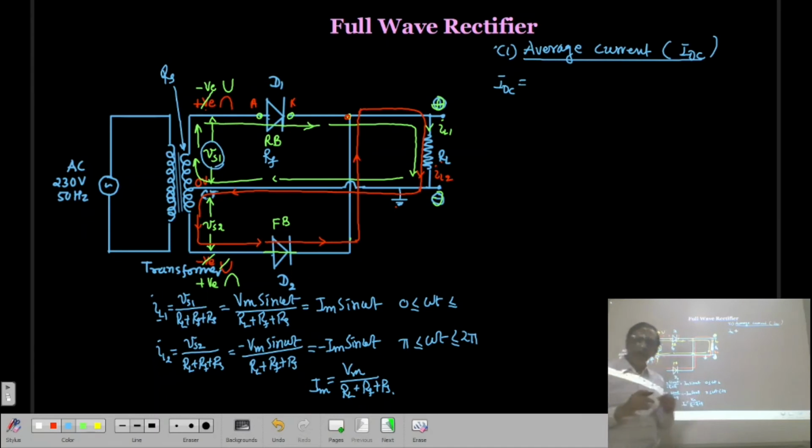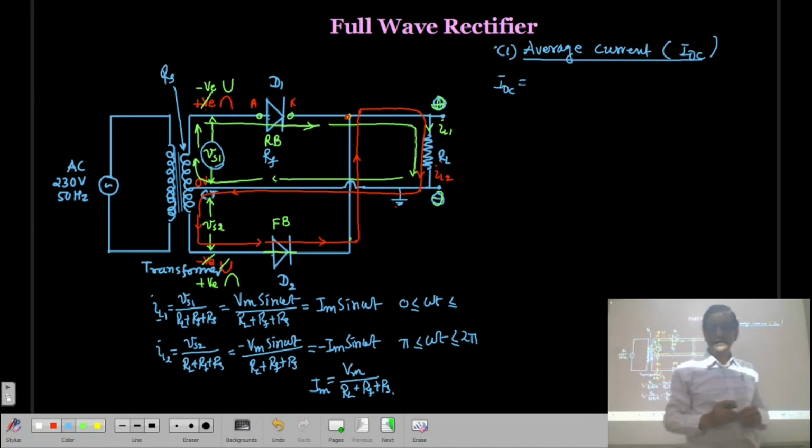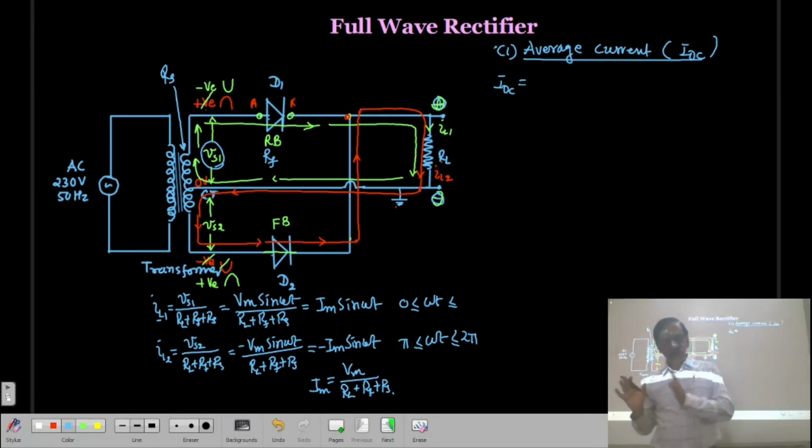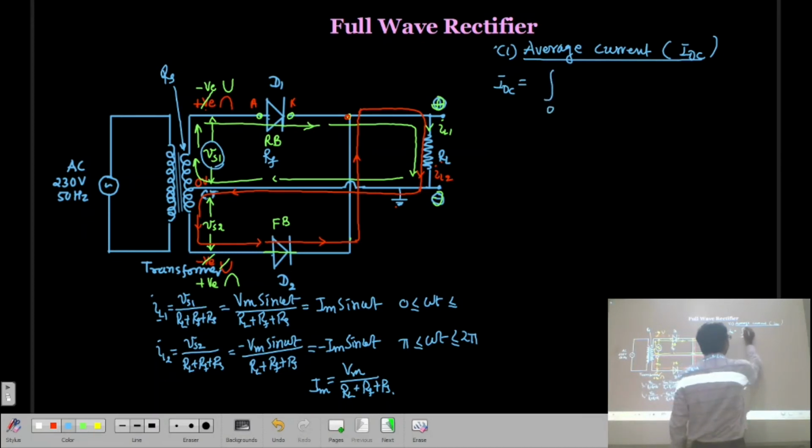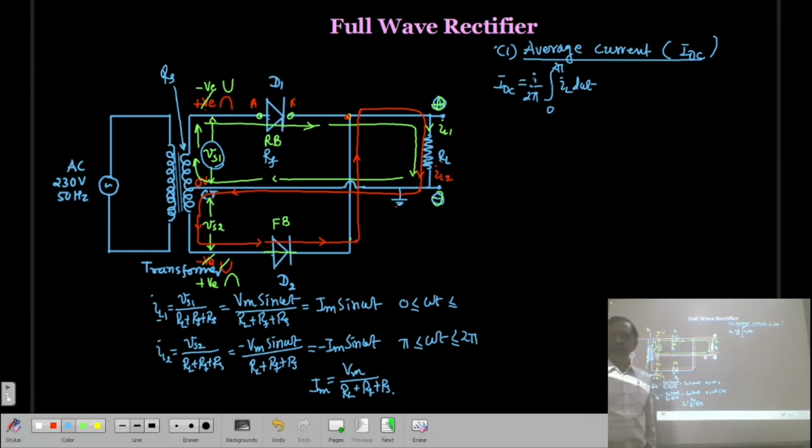Average means we are taking the summation of different currents, IL1, IL2, IL3, IL4 for one complete cycle. And that summation means that we are taking the integration from 0 to 2 pi of IL d omega t, and then we divide by 2 pi.